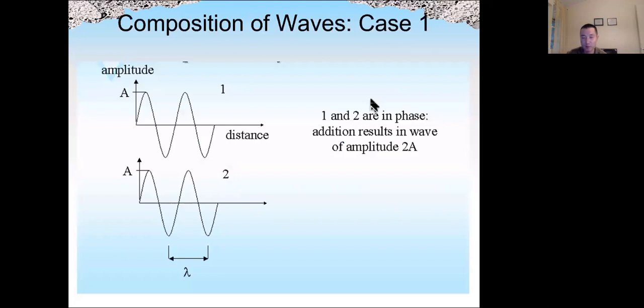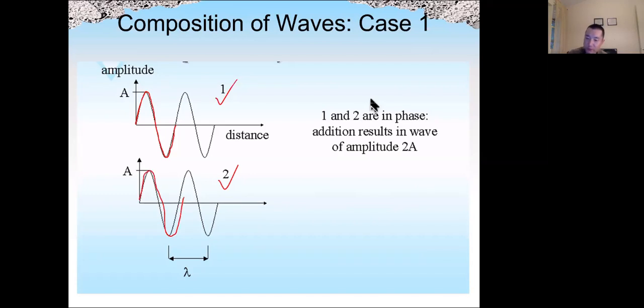All right. So before we talk about how to use X-ray to check the phases, let's talk about the composition of different waves. Let's say we have two waves, wave 1 and wave 2. So this is one period, and this is another period.